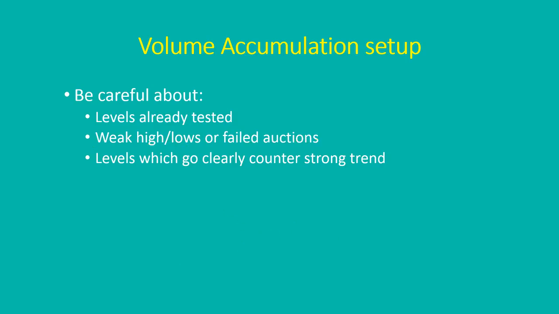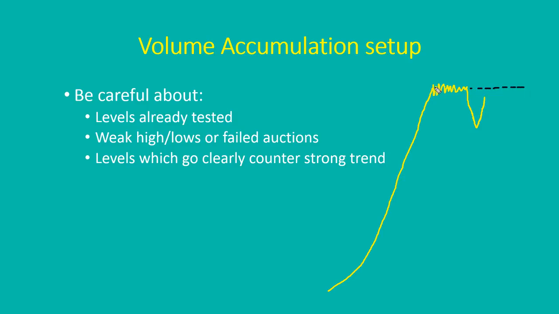The last thing to be careful about is the levels which go clearly counter strong trend. Meaning, if there is a strong uptrend, then there is some rotation and some selling activity. Not strong, but only like moderate selling activity, moderate downtrend. And then the price quickly reverses, and let's say this is the level.